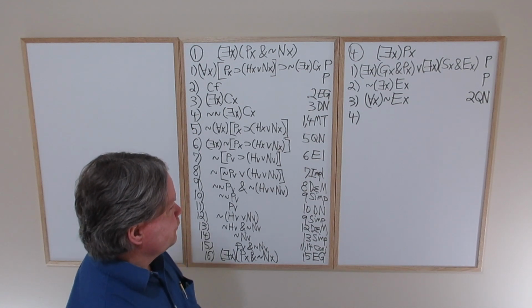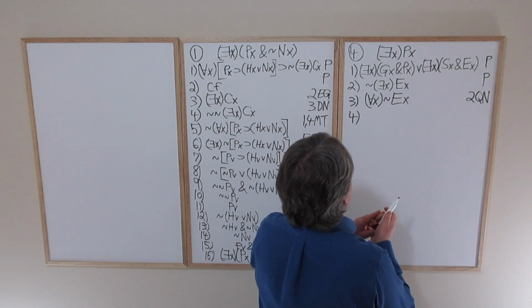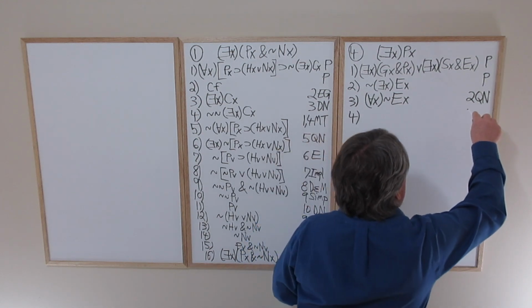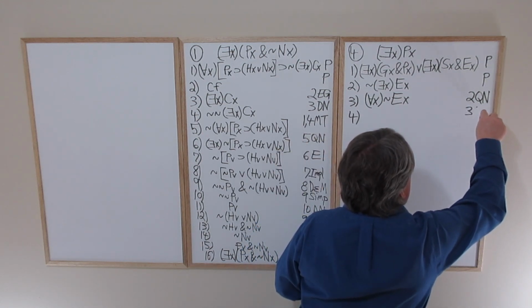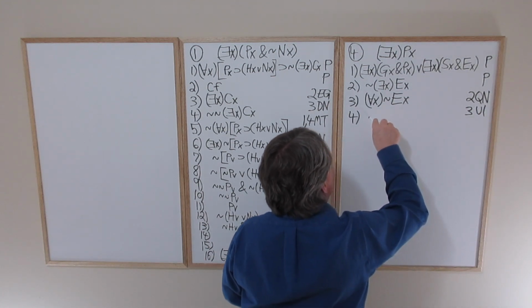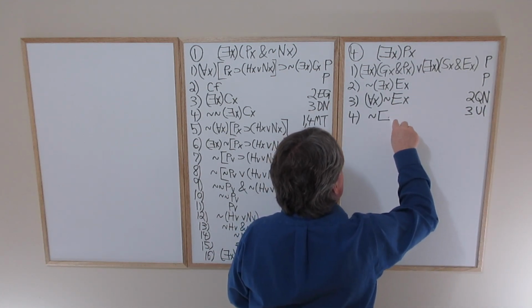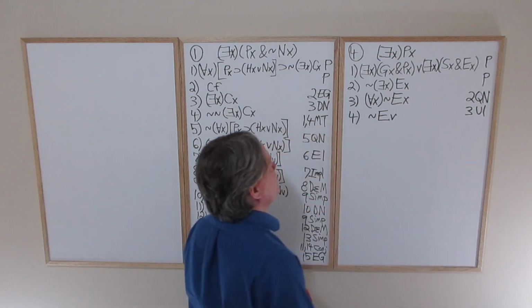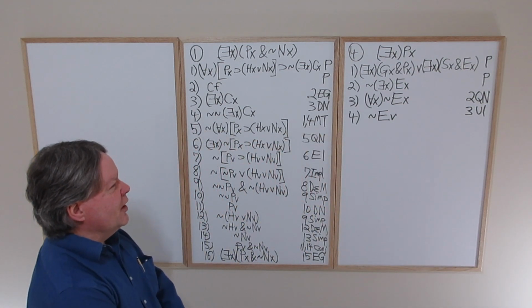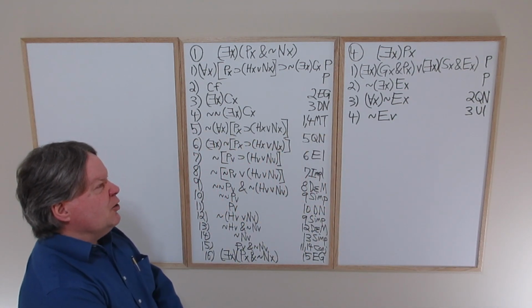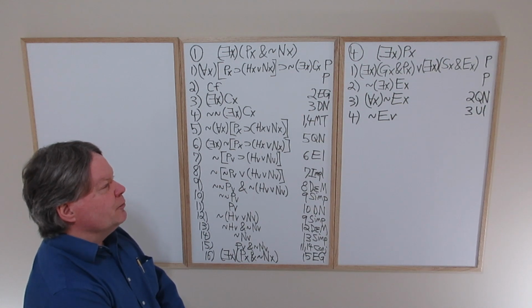So here's what we're going to have to do. So 3 UI tilde EV. It's not the case that unspecified V is an endocrinologist.